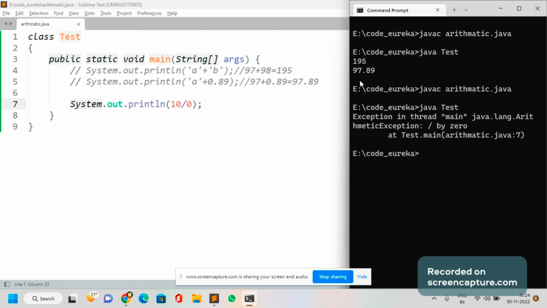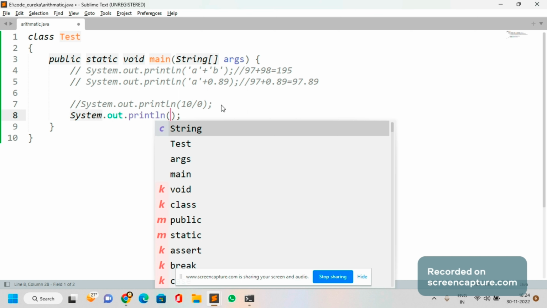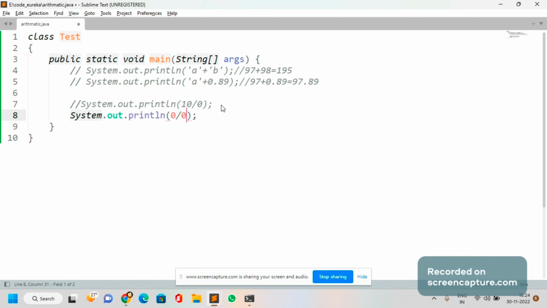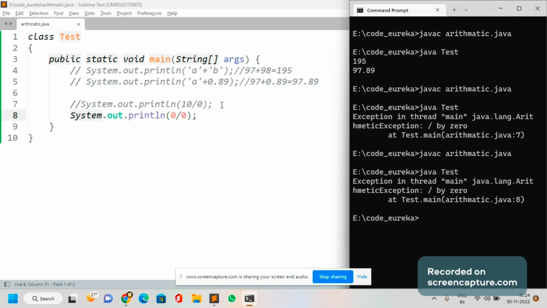It is a runtime error. Now print 0 divided by 0. Check. See, it is also a runtime error, ArithmeticException: divided by 0.